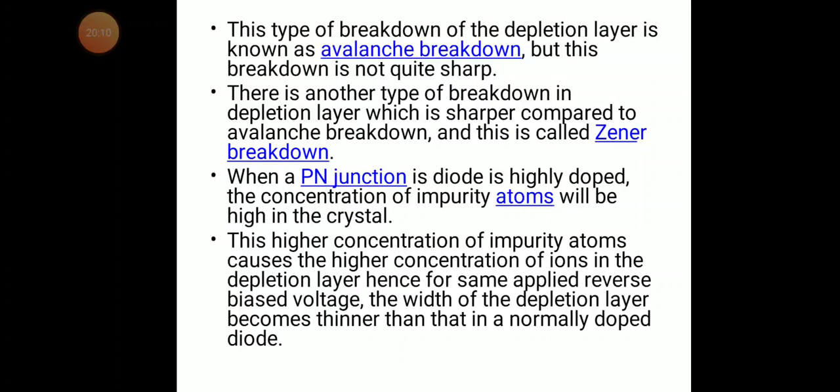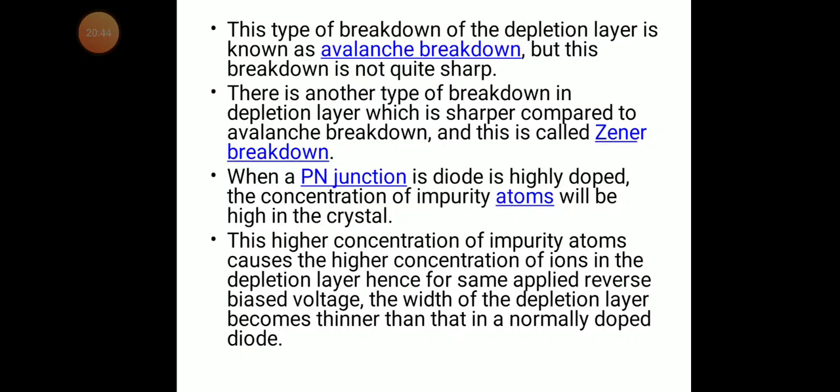So if you make the doping higher, the depletion layer width decreases, and the depletion layer also has a higher concentration of stationary atoms, because more charge carriers are recombined at the junction.